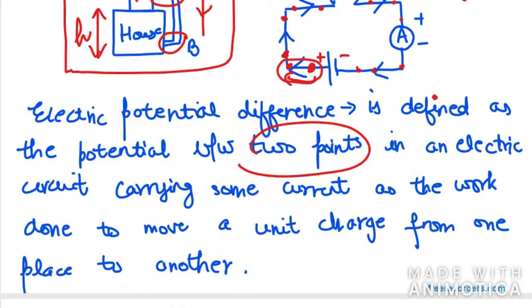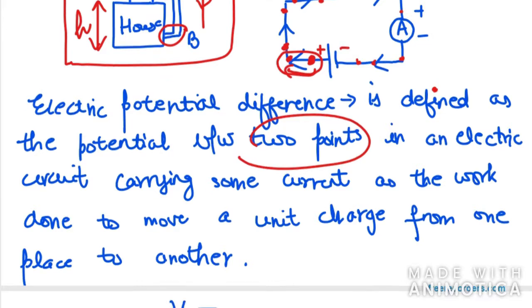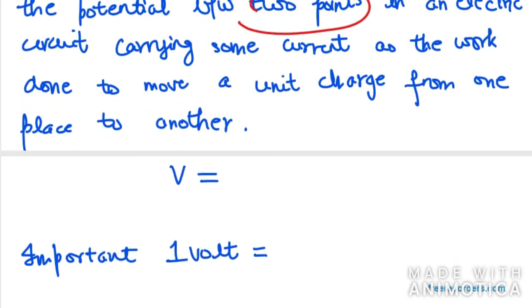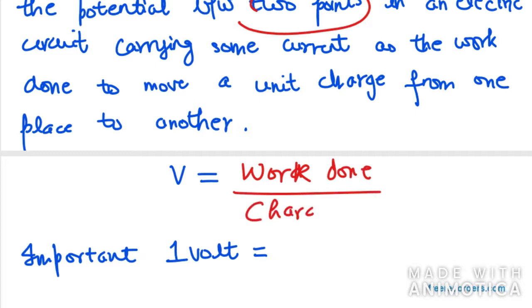The electric potential should come into action at this point. Therefore we define it as V equals work done over charge. Work done is written as W and charge is written as Q.